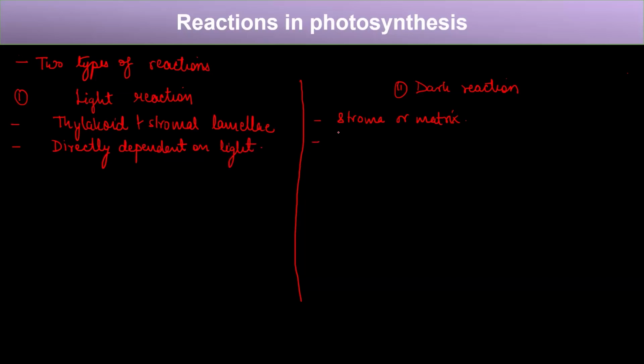While the dark reaction is not directly dependent on the light, it depends on the product of the light reaction that is formed. One important point: dark reaction does not mean that it takes place during the night time. It can take place anytime, but it depends on the product of the light reaction to happen.